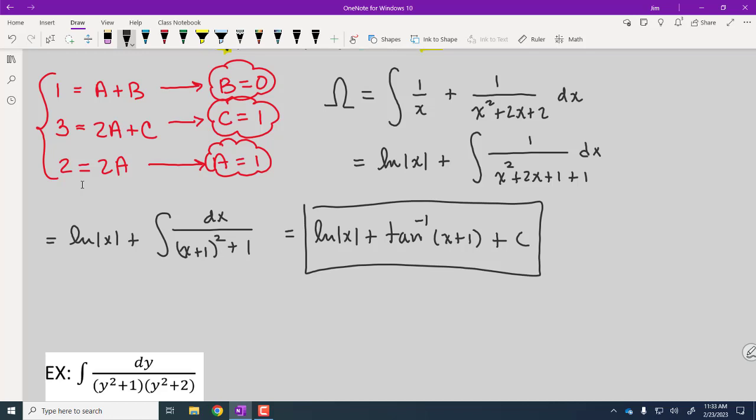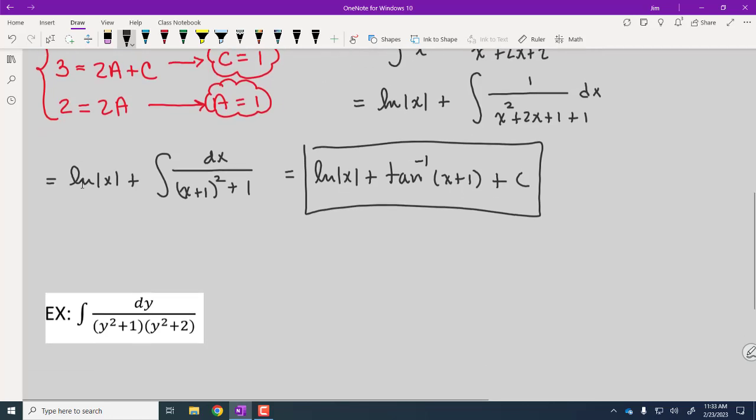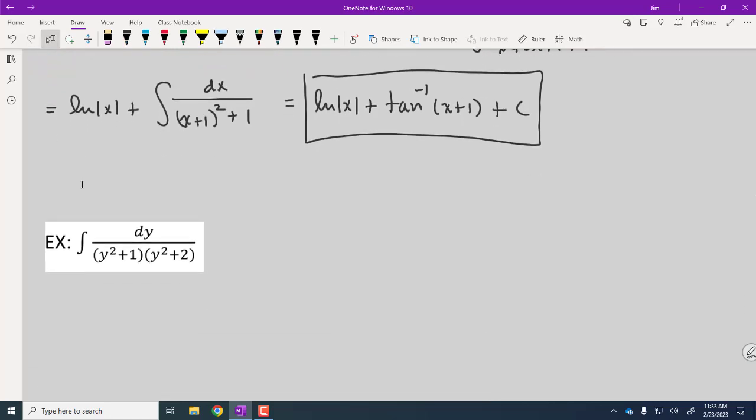So PFD is a procedure. It's not a crazy procedure. There's definitely algebra. You're going to have to refresh some of your algebra solving systems and whatnot. But nothing too nutty. So these two factors here are both irreducible quadratics.